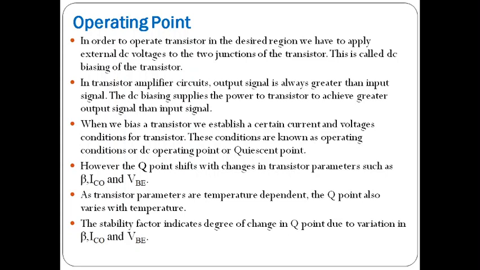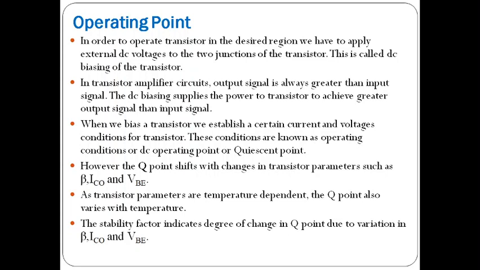When we bias a transistor, we establish certain current and voltage conditions for the transistor. These conditions are known as operating conditions or DC operating point or Q point. So what are the required voltage and currents for the transistor to operate in the desired region?